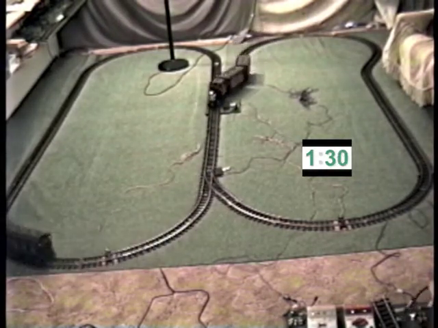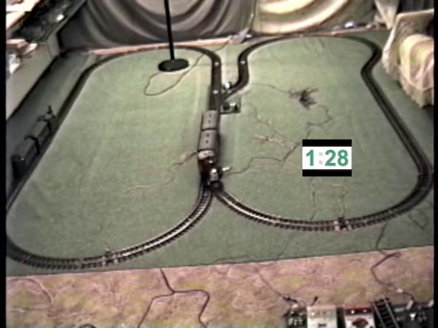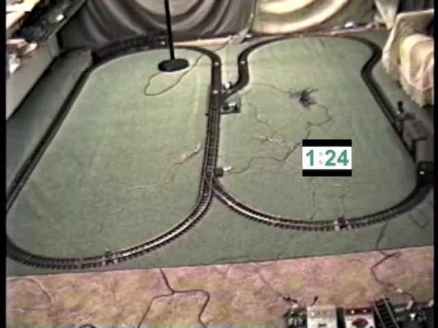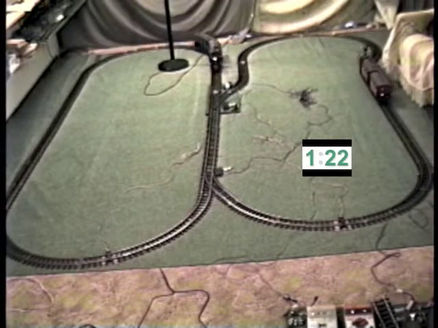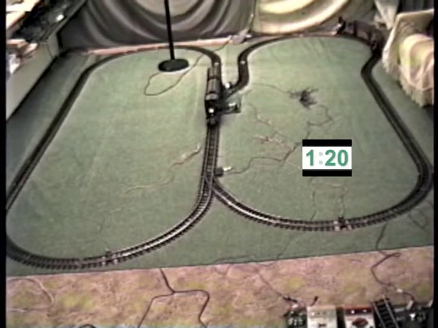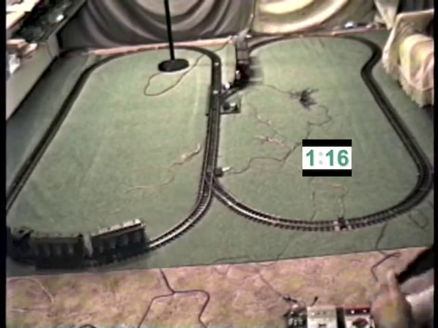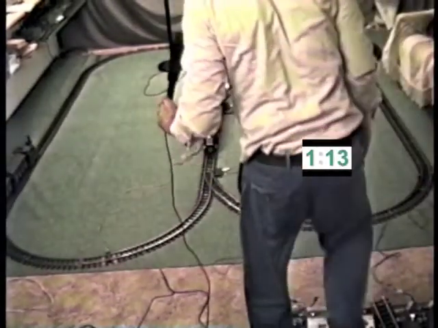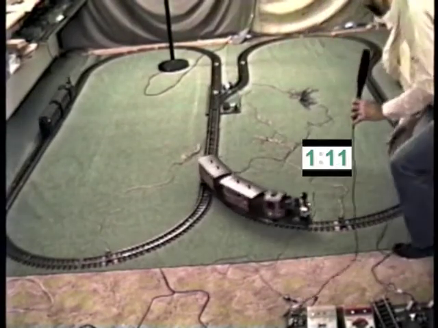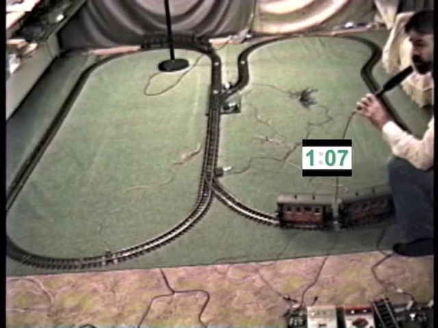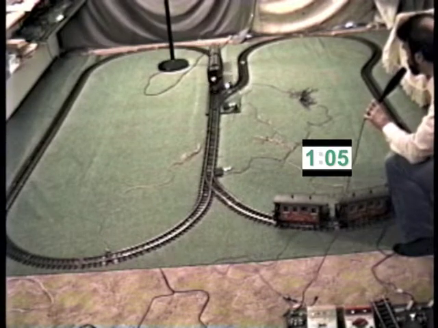This is pretty much of a speed independent situation. It looks like the green one has the right of way, but that's just because it's getting there first. Actually, when they're on their own routes like this, whichever one gets there first will have to wait for the other one. I'm holding the red one back.